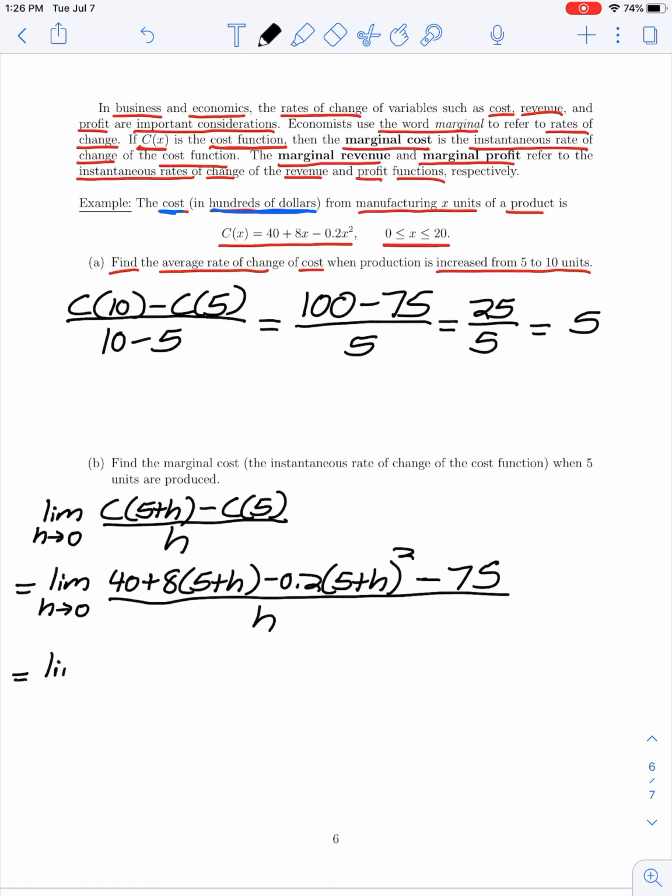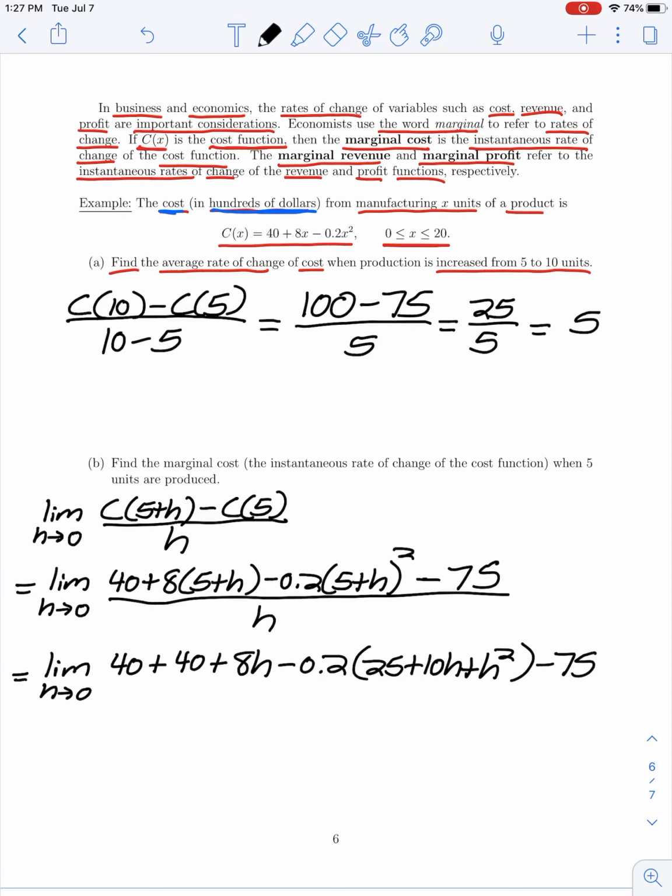So let's simplify. We have the limit as h approaches 0 of, in the numerator, 40, plus, if we distribute the 8, 40 plus 8h, minus 0.2 times, expanding our 5 plus h squared, 25 plus 10h plus h squared, minus 75, all over h.